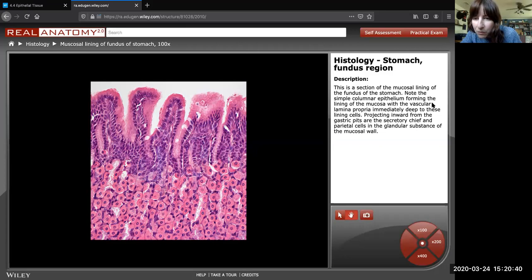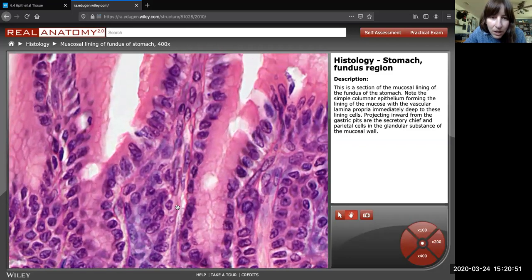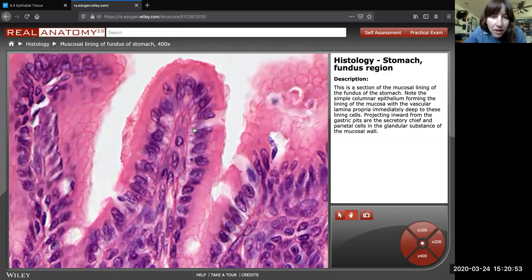Simple columnar epithelium forming the lining of the mucosa with the vascular lamina propria immediately deep to those cells. Okay, so the vascular area I believe they're talking about is basically this. You can see we've got what looks like blood vessels here.